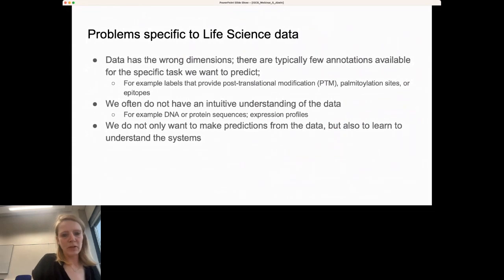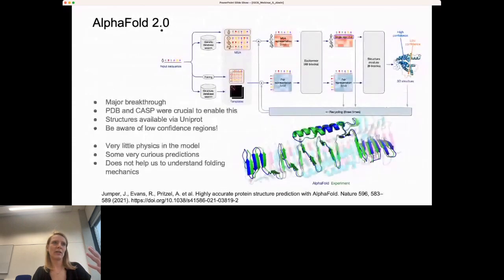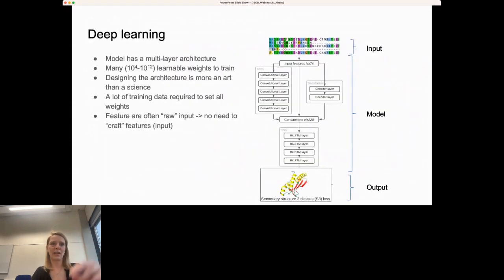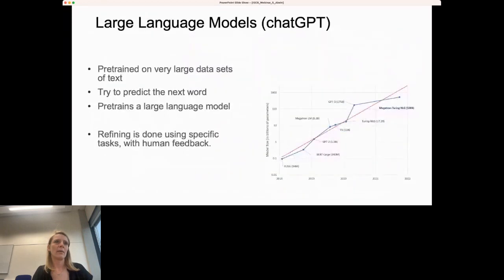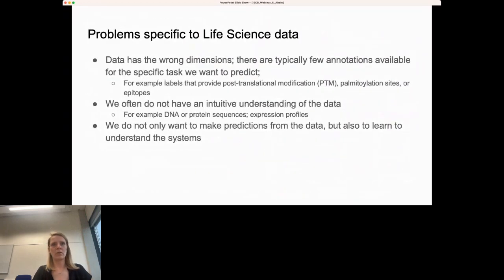All right. So that brings me immediately to the next point, and that is when we're trying to learn things about life science data. So typically to perform these kind of deep learning architectures, like these multi-layer architectures, our data has the wrong dimensions. And what that means is that what I just called input and output, we will actually have a huge amount of features.